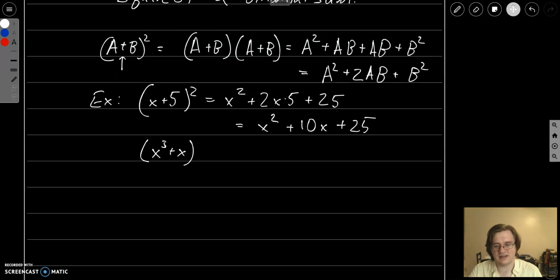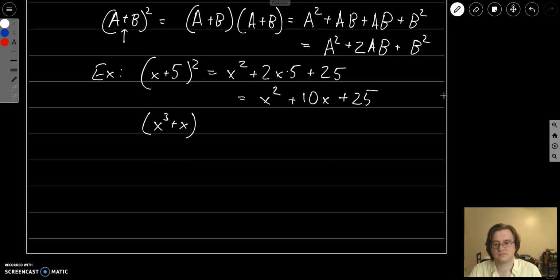Again, let's do a little bit trickier one. We've got x cubed plus x. So I want to use my formula. So we'll take the first term and we'll square it. So x cubed squared. Take plus 2 times the first term times the second plus the last term squared.